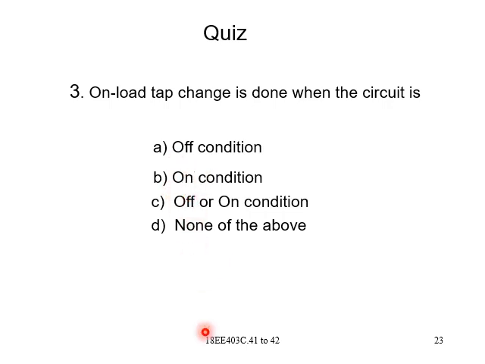So it is B, on condition. So we'll see the answer. The on-load tap changing is done when the circuit is on condition.